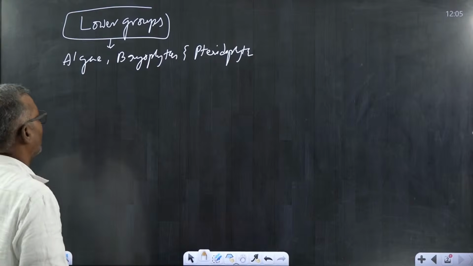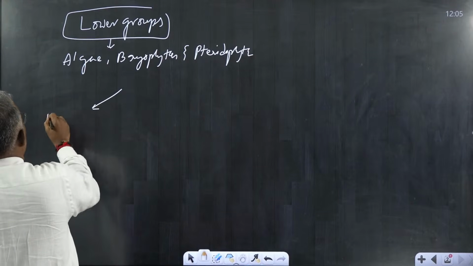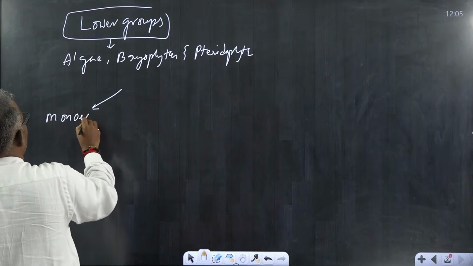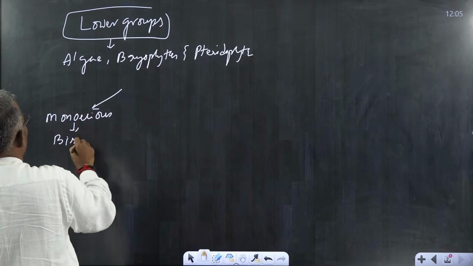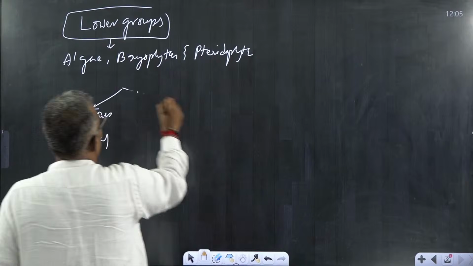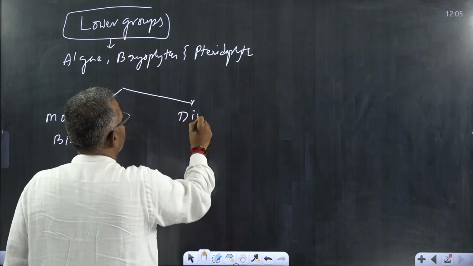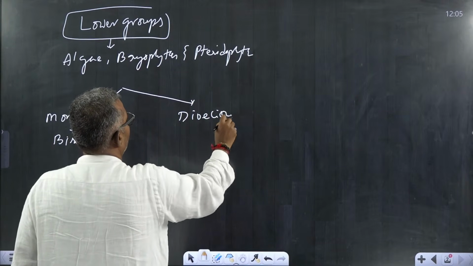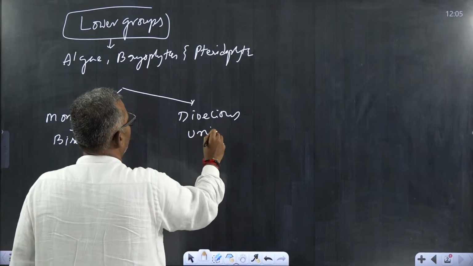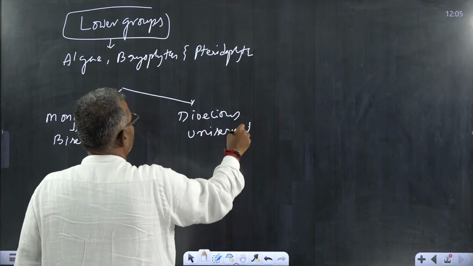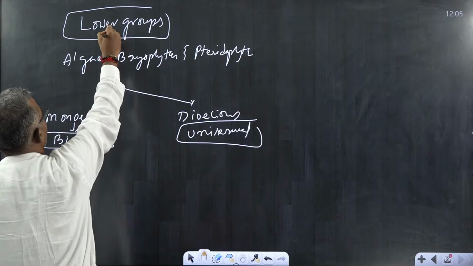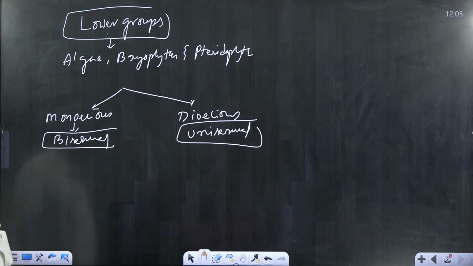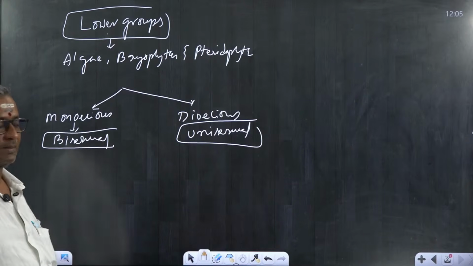Here, monoecious means bisexual and dioecious means unisexual. So be clear. I'm speaking in relation to the lower groups like algae, bryophytes and pteridophytes.